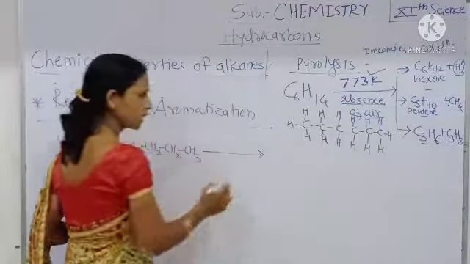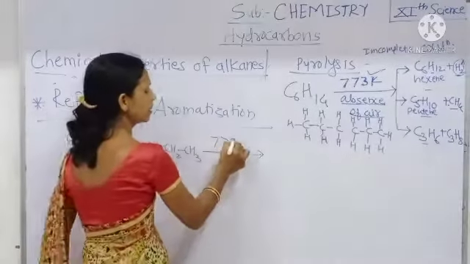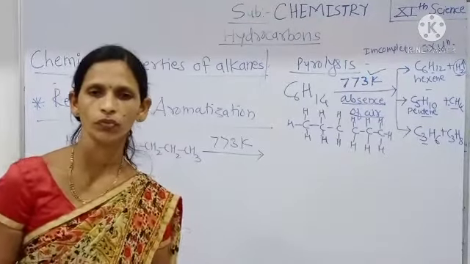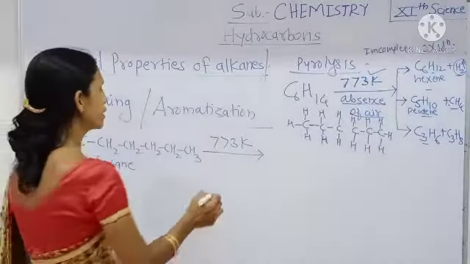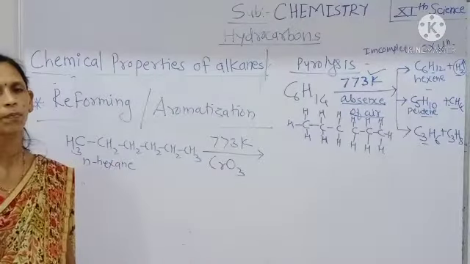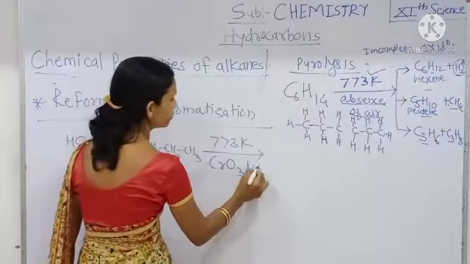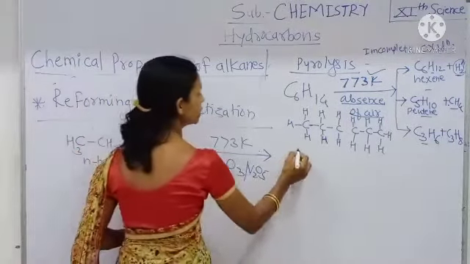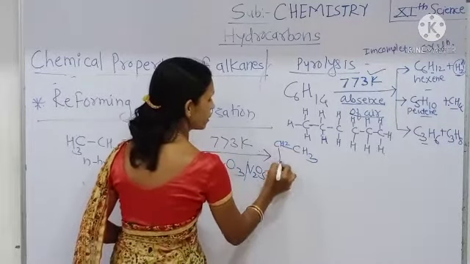When it is heated at about 773 Kelvin, but in presence of chromium oxide, that is CrO3, or a different oxidizing agent like vanadium pentoxide, then N-hexane is converted into benzene.